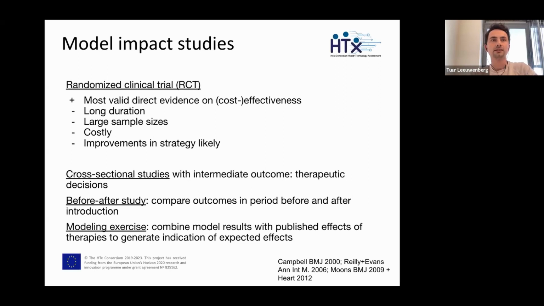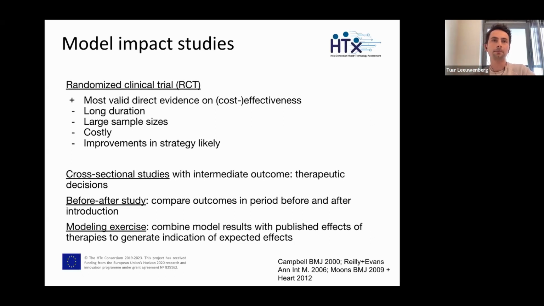But the downside is that it can take a long time and is usually costly. If you have a model with a 10-year outcome, for example, you will have to wait quite a long time before the predicted risks lead to better outcomes. So it really depends on the setting whether this is the way to go.